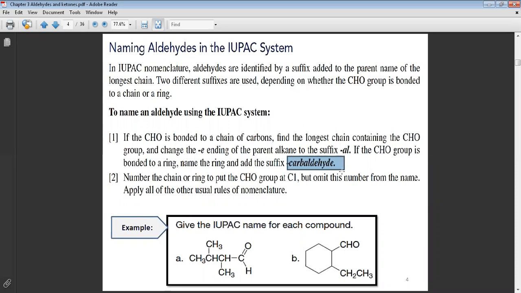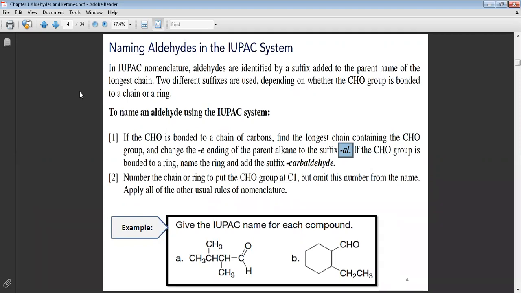If my question converts the name to the structure, and you see carbaldehyde at the end, that means it is a cyclic compound, not an open chain. And if you see al at the end of the name, it is an open-chain aldehyde, not a cycle. So al is for acyclic compounds, carbaldehyde for cyclic compounds.